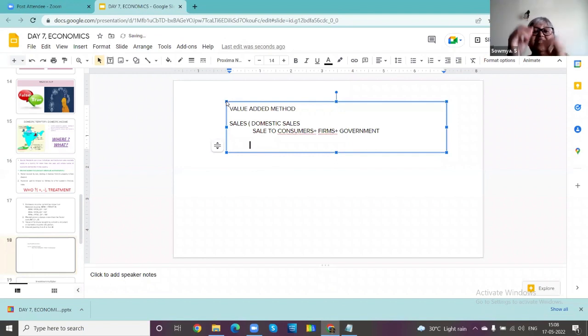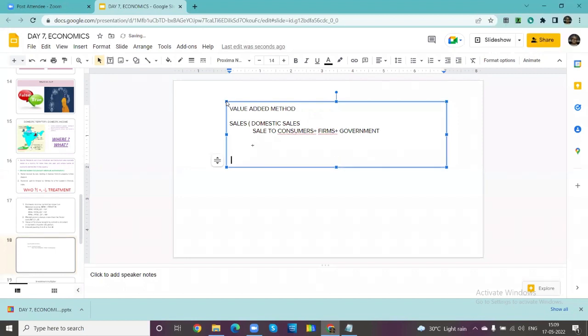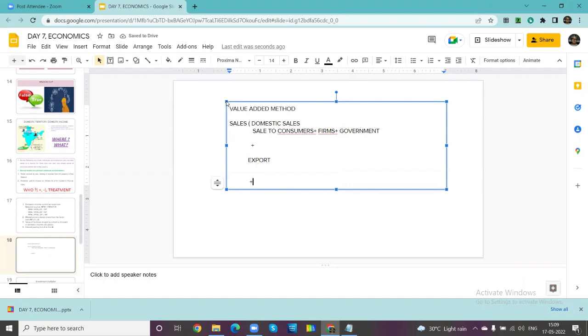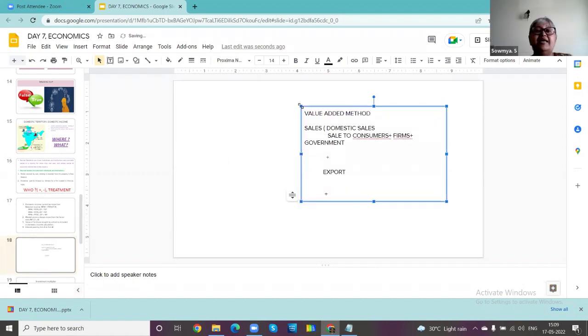So the further components of domestic sale can be understood as sale to consumer, sale to firm, sale to the government. Plus, of course, they'll have to understand there is this exports. And in a country like ours, we have a huge production taking place for self-consumption. So sales alone cannot be taken.